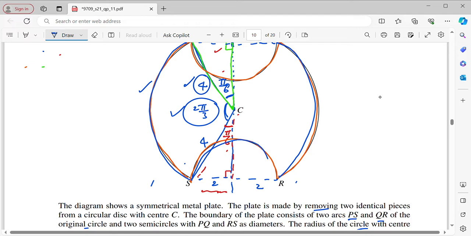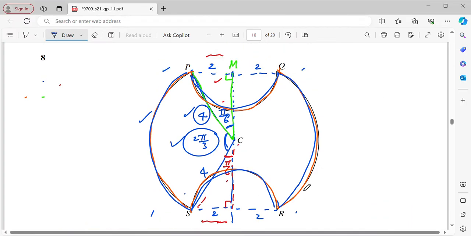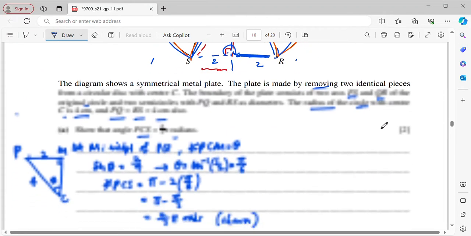plus the circumference of the semicircle. I can treat this as a sector as well. Since the upper and the lower semicircle are the same, I will just times 2 to this value. The angle is pi, the radius is 2, so it will be 2 pi for the arc length.